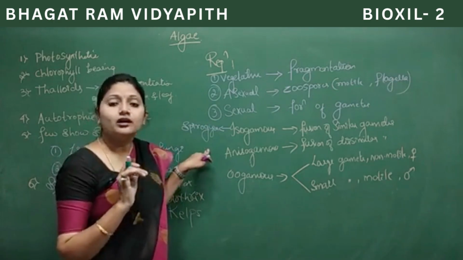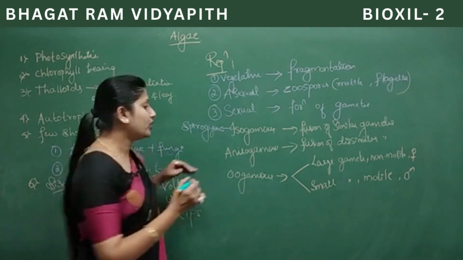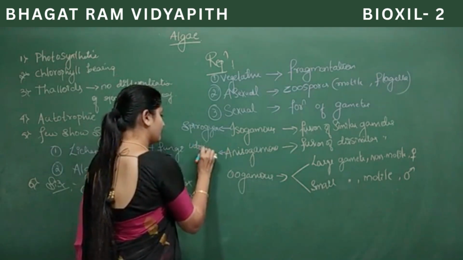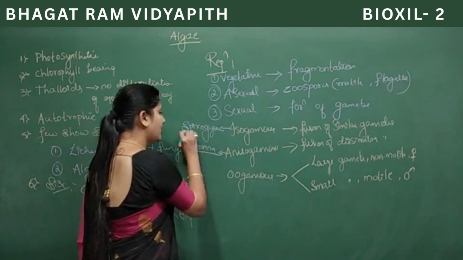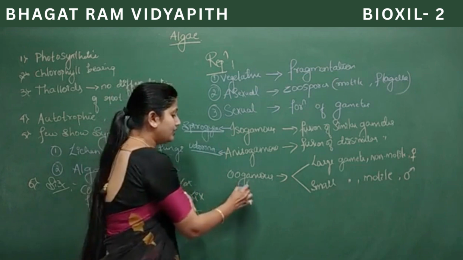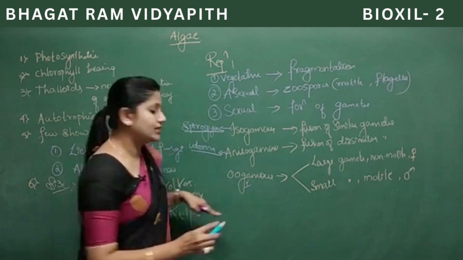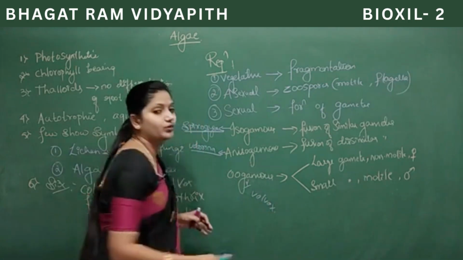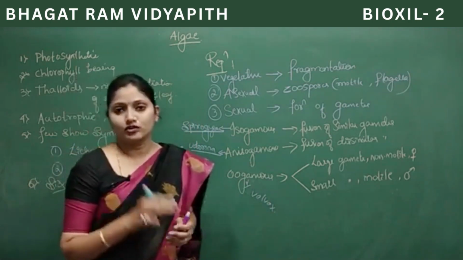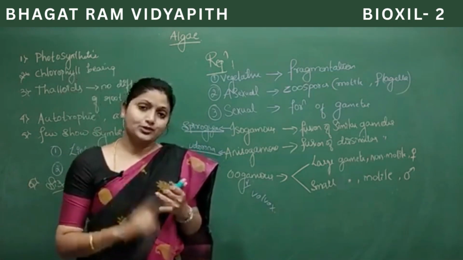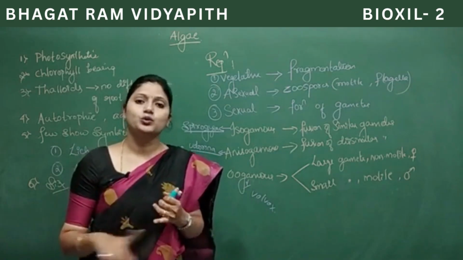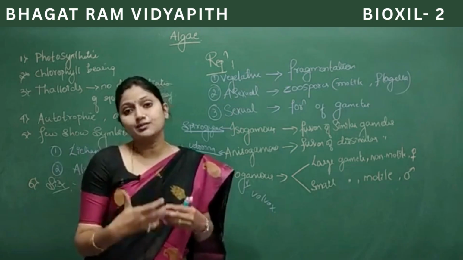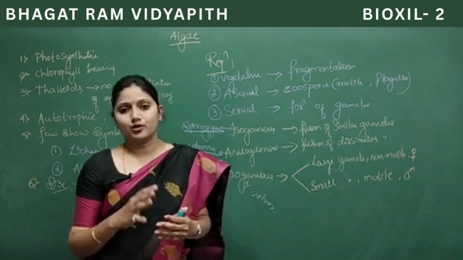For the anisogamous, Eudorina is the example. And for the oogamous, it is again Volvox. So isogamous, anisogamous and oogamous are the three types of sexual reproduction.